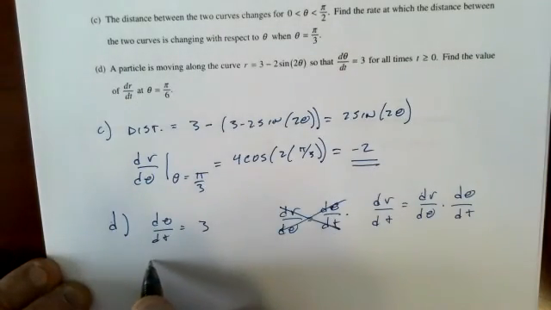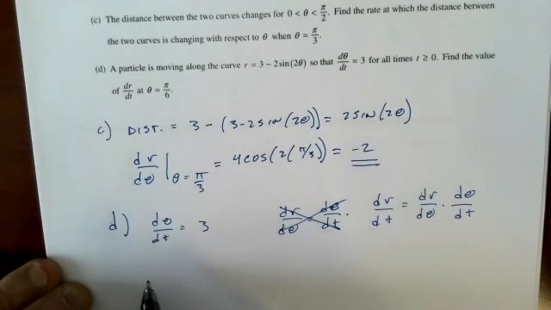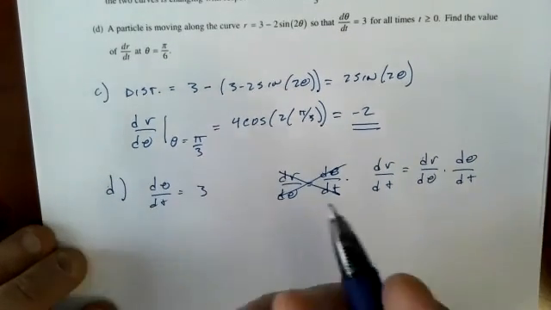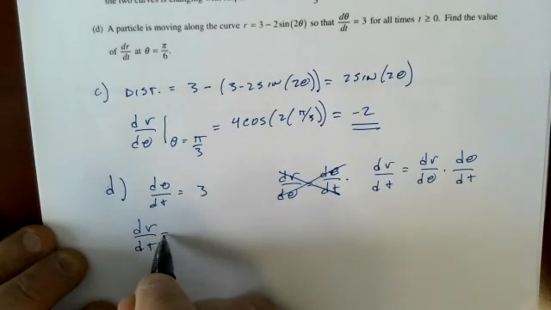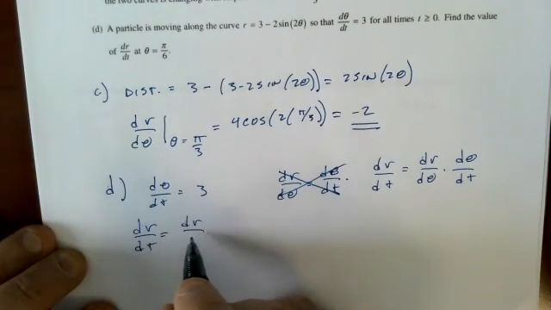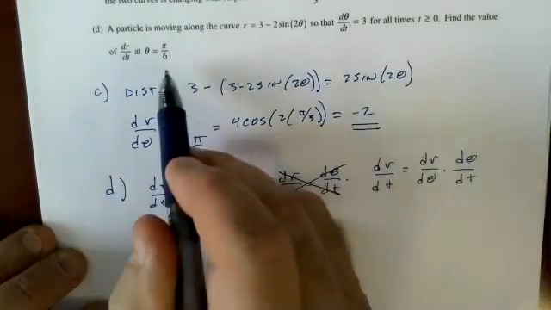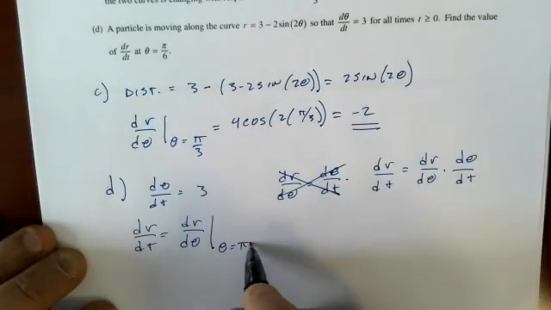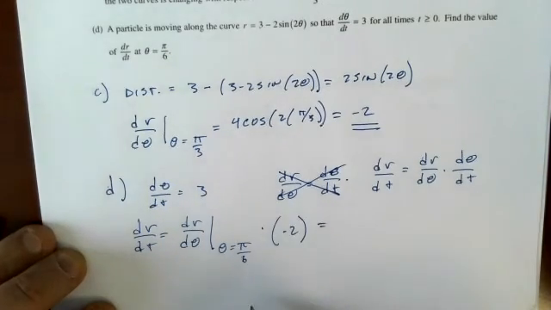So dr d theta. Didn't I already do this? I did. Wow. Okay. Well, it's a calculator problem, so keep life simple. dr dt equals dr d theta at theta equals pi over 6. We did pi over 3, so they're cheating a little bit. Times negative 2.